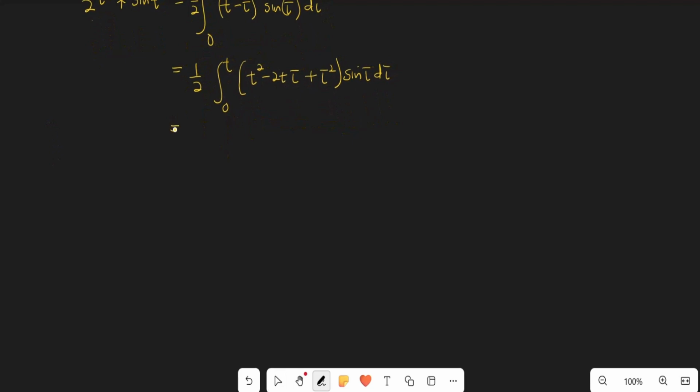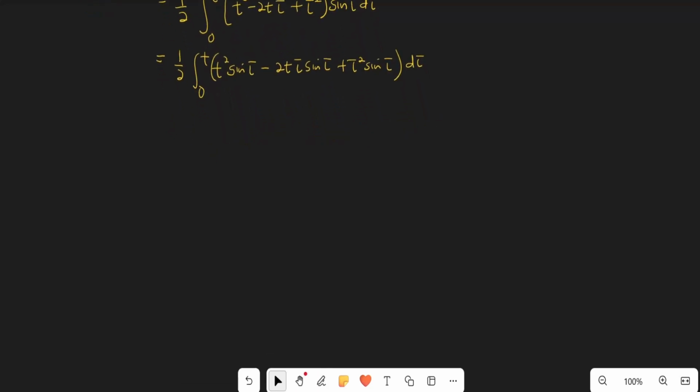So this is equal to 1/2 in front, and now we can distribute in with the sine of tau. That is going to be t squared sine of tau minus 2t tau sine of tau, plus tau squared sine of tau. All this one is integrated with respect to tau.